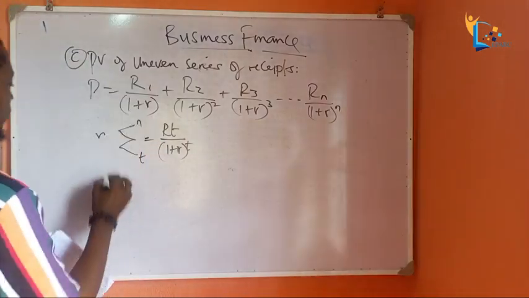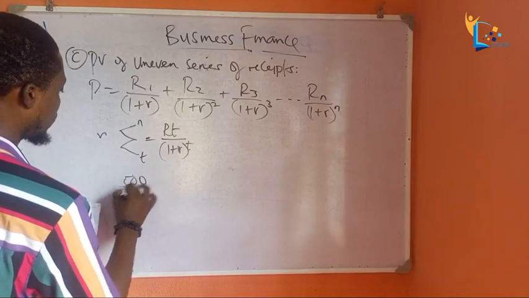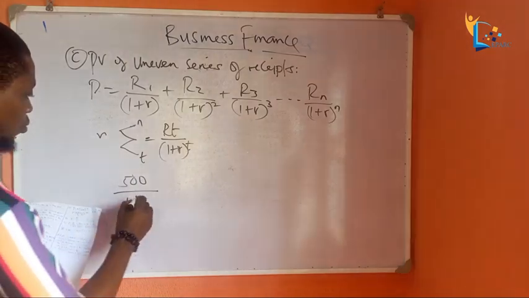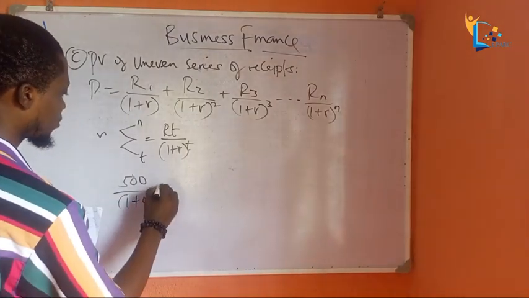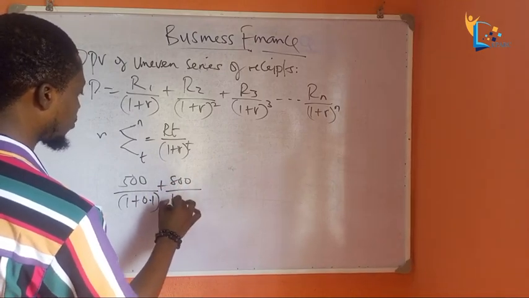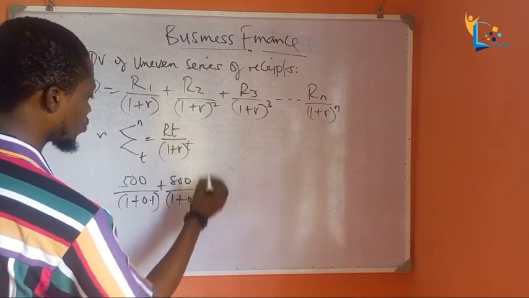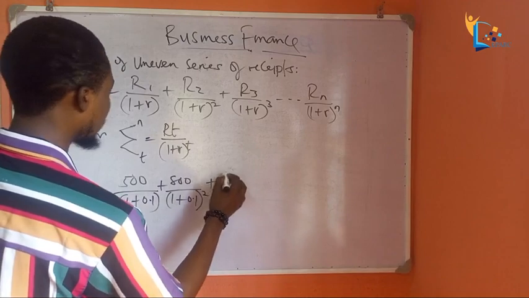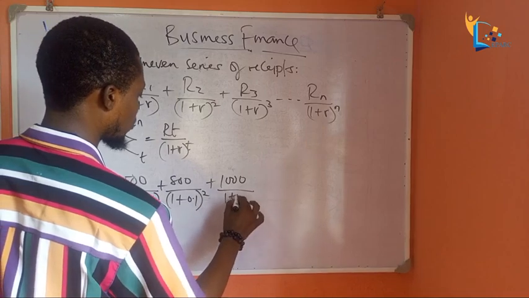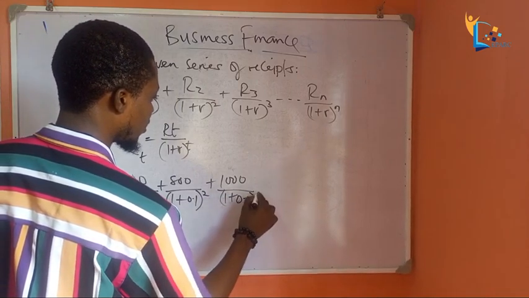So the first one is 500 over 1 plus 0.1, since 10% is 0.1, plus 800 over (1 plus 0.1) raised to power 2, plus 1000 over (1 plus 0.1) raised to power 3.